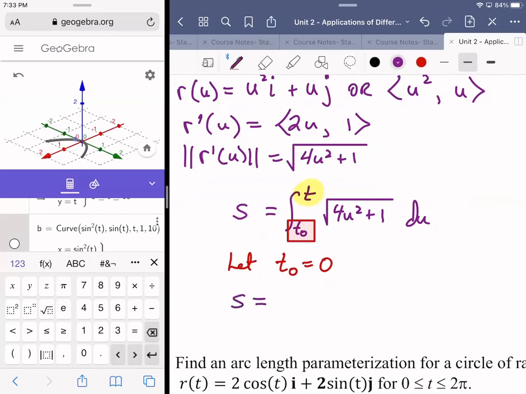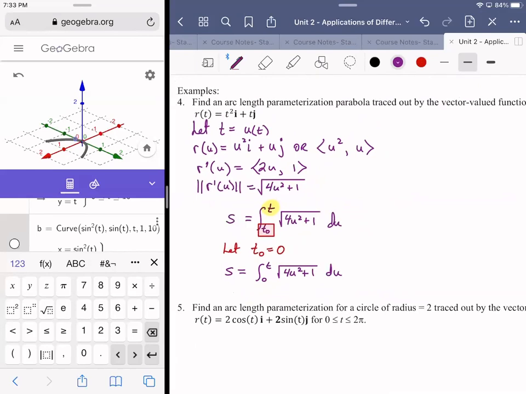So s would be equal to, we would say 0 to t, and then we have this integral that we have to take care of, which has a trig substitution look to it, an inverse trig relationship. It looks an awful lot like an arc tangent, just kind of on a reciprocal level.